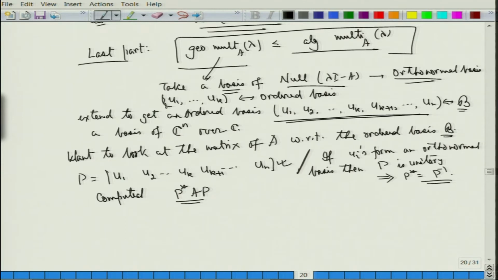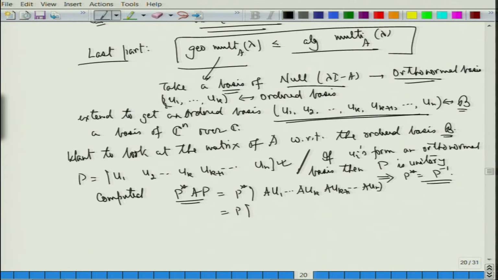Is that okay? So we had this idea that P star is the same as P transpose, not inverse. It's not only that, unitary. So P star is P inverse, or let it be. All right, fine. And then from there we wrote it as P star, we put A inside, so we got A of u1 till A of uk, uk plus 1 till A of un.